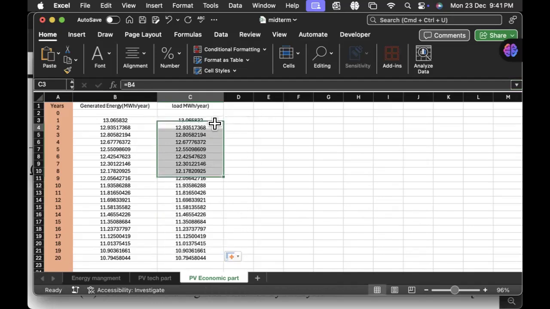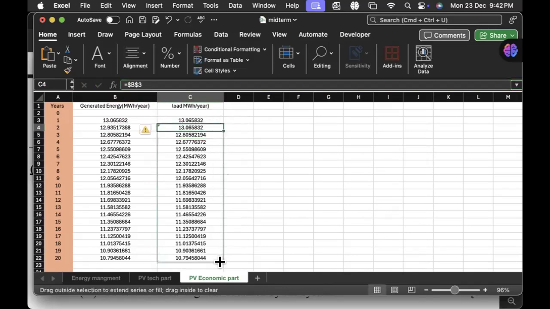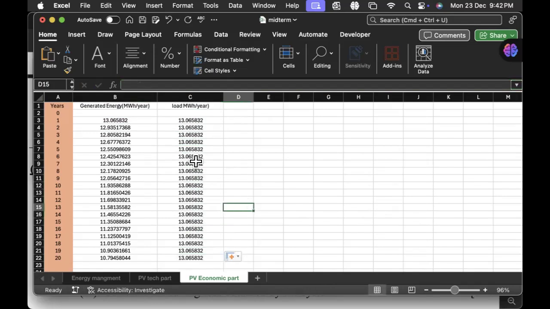I'm sorry, I made it wrong. So what I can do here is put a dollar sign here. So this is a dollar sign and then another dollar sign. And then we can roll it down like this. So the load is roughly constant throughout the lifetime of the system.